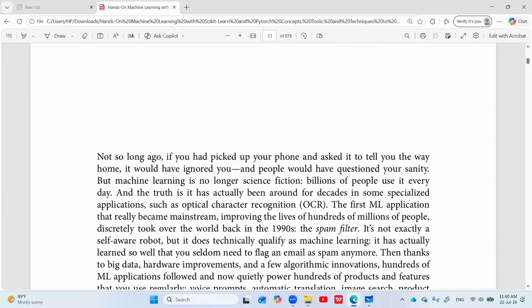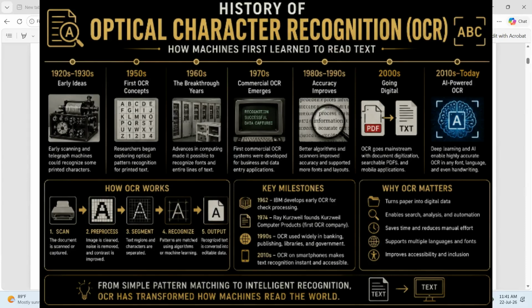But now, of course, things have changed. The reason is machine learning, guys. Machine learning is no longer science fiction. Billions of people use it every day, and the truth is it has been around for decades in some specialized applications, such as optical character recognition. Even though we think machine learning has evolved recently, it has been with us for decades.